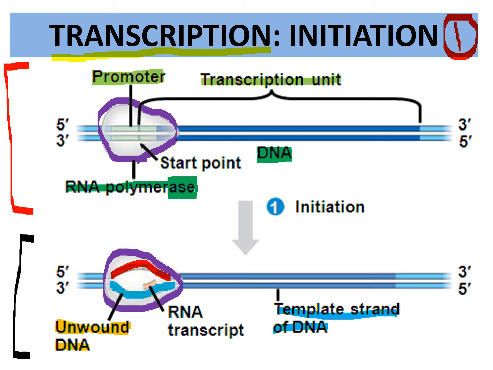The word template there means that it is this strand that we are going to use as a template for the process of transcription to take place. We can see that an RNA transcript is starting to be formed, but that we will focus on in our second phase of transcription.